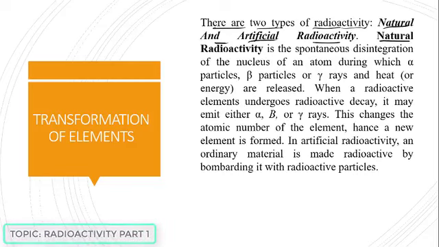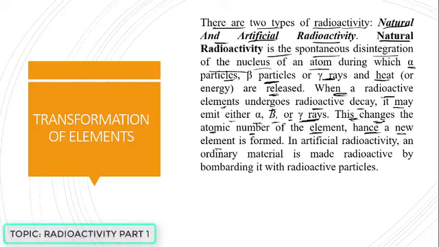Natural radioactivity simply refers to the spontaneous disintegration of the nucleus of an atom, which is entirely a random process free from external interferences such as temperature and pressure, and in which alpha particles, beta particles or gamma rays and heat energy are released. When a radioactive element undergoes radioactive decay, it may either emit alpha, beta or gamma rays, and this changes the atomic number of the elements formed.